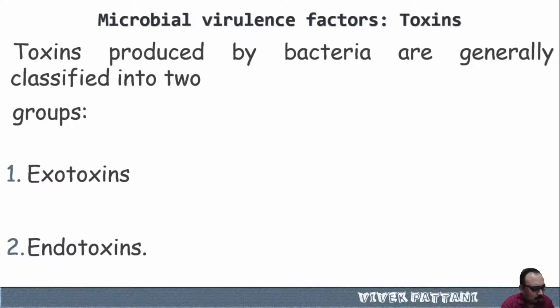What are toxins basically? Toxins are the poisonous substances that are produced by several microorganisms. A toxin may be as simple as an ion or an atom which negatively interferes with a cell.